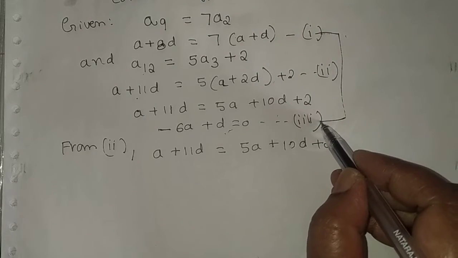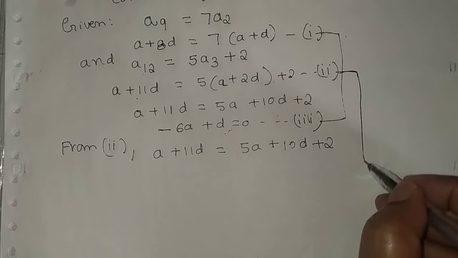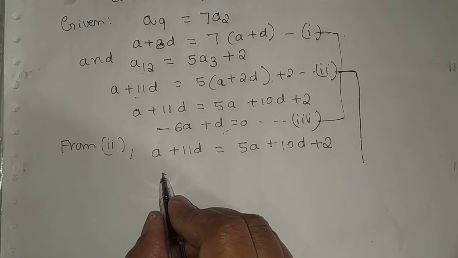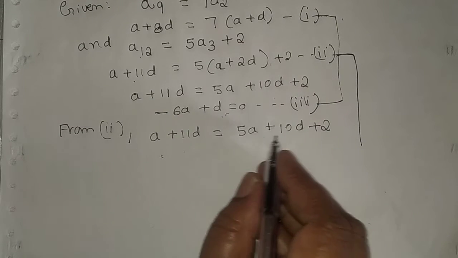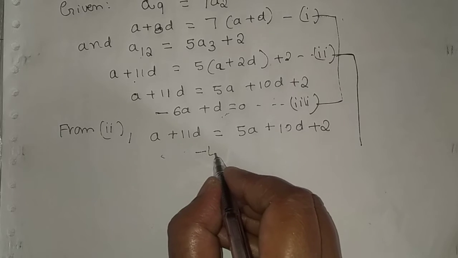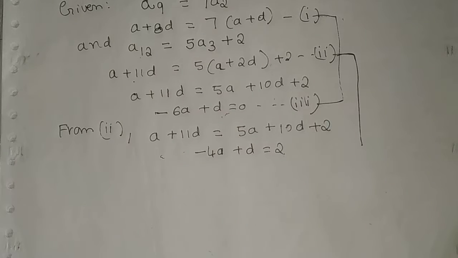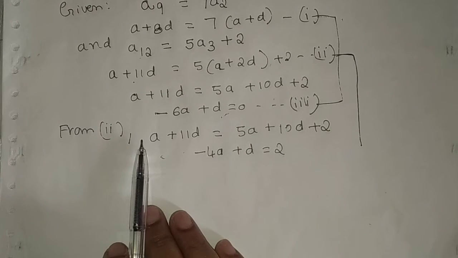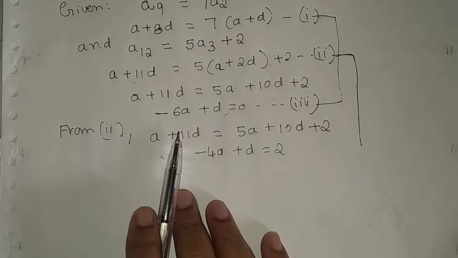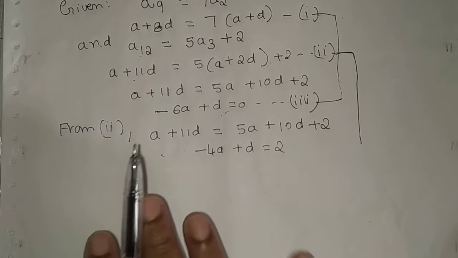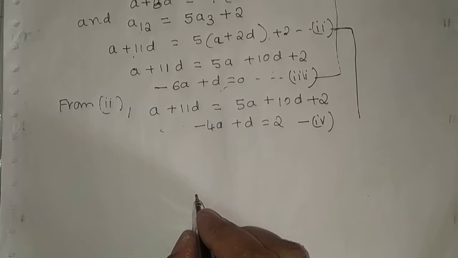Then next we solve this one, we get this fourth expression. This also we split, and we get minus 4A plus D is equal to 2, just simplifying the expressions. Bringing D to this side or A to this side, making all A one common and D one common. We get two expressions. This will be the fourth equation.